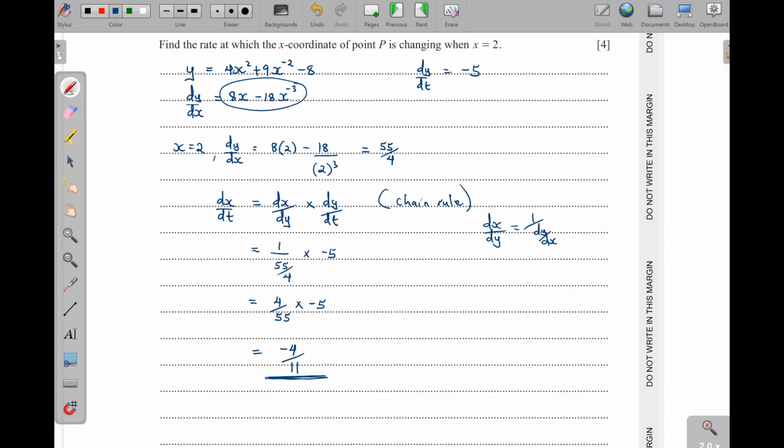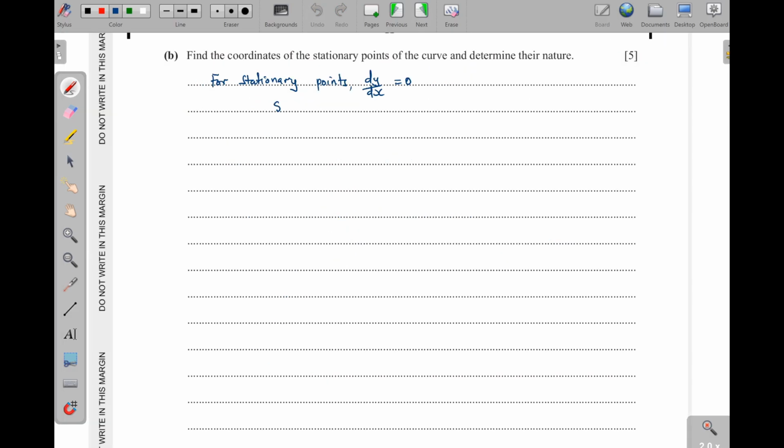It is here. So it is 8x, minus 18 over x cubed, which is equal to 0. Now I'm going to multiply all through by x cubed to eliminate this denominator. So this will be 8x to the power 4, minus 18, which is equal to 0.